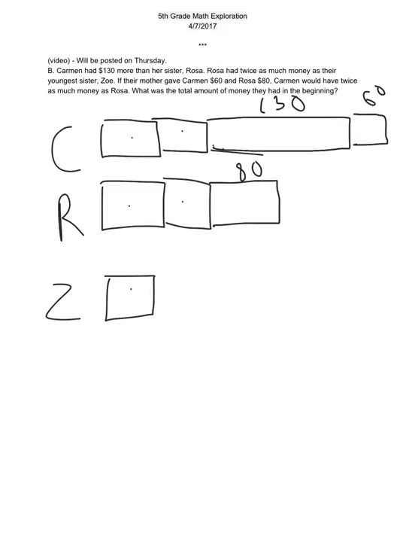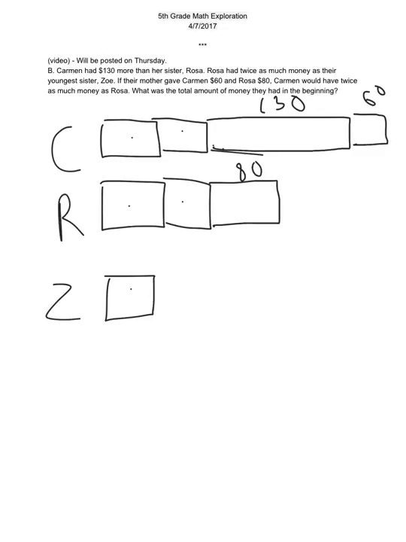So anyways, at this point, if Carmen gets 60 and Rosa gets 80, Carmen now has twice as much money as Rosa. So that means we can split Carmen's bar now in half. Now this is not going to look like half because it's not exactly to scale.